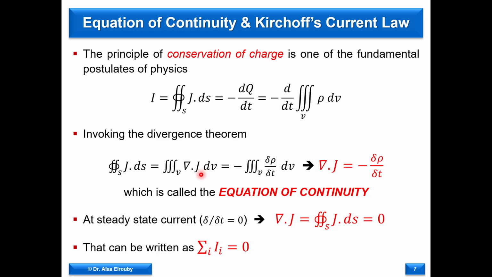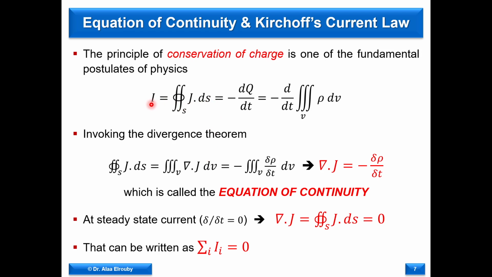We know that J equals... So from here, we have this right hand side and this is the left hand side. We can just conclude that the divergence of J equals minus d rho by dt, and this is called the equation of continuity.